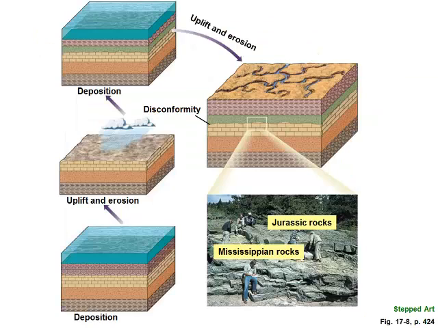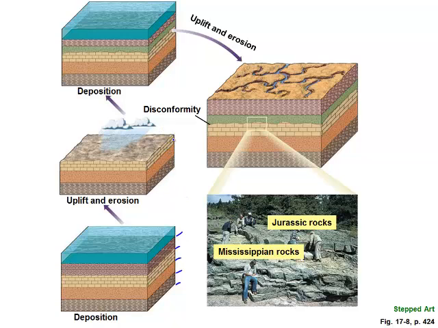So if you look, we have this in Michigan. We have the Jurassic rocks in some parts of Michigan, and we have the Mississippian rocks as well. This is actually not in Mississippi, though. I think this is down in Kentucky. But you have an area where we get a depositional environment. You have these layers here that are laid down.